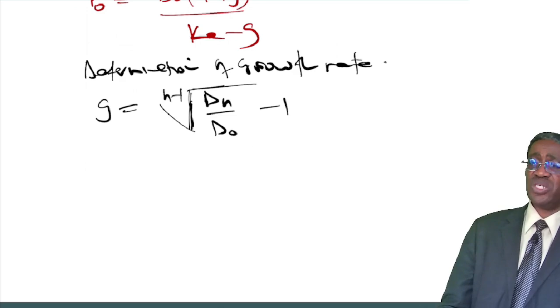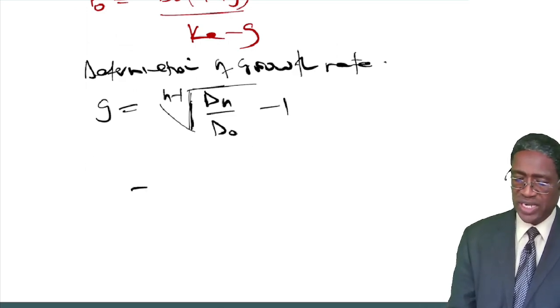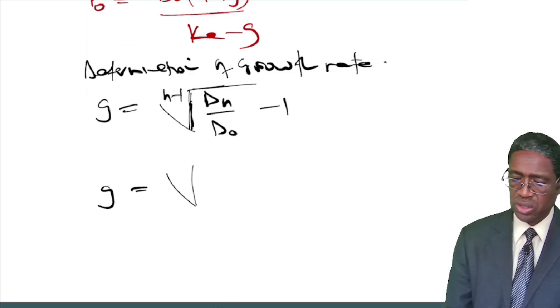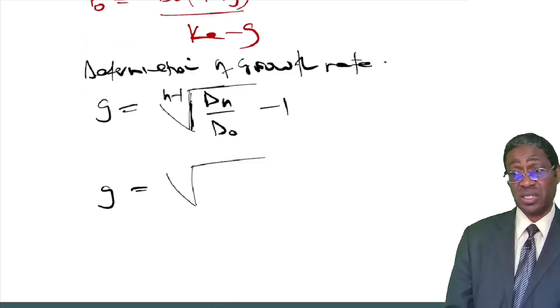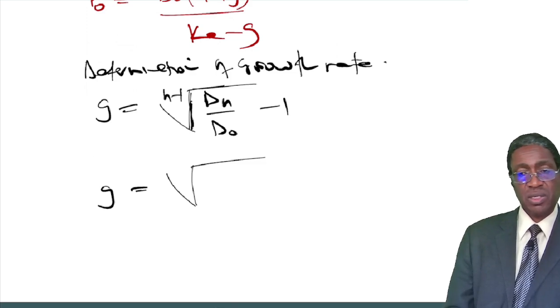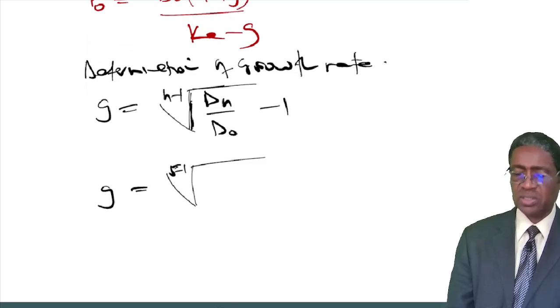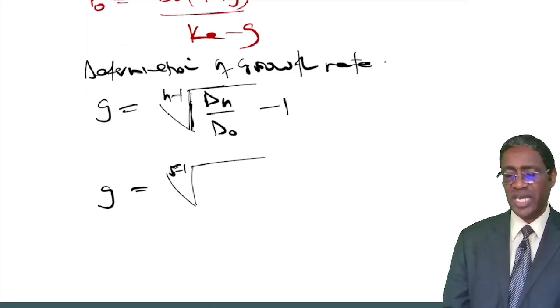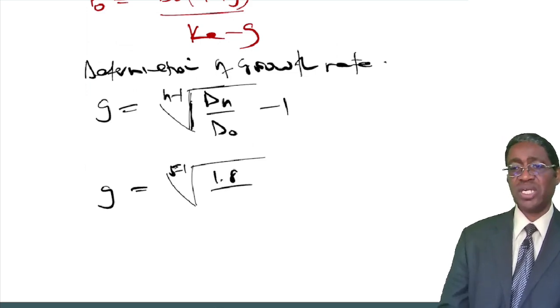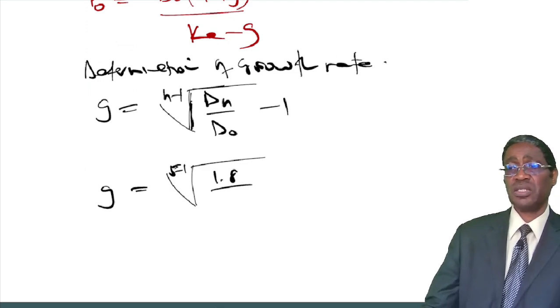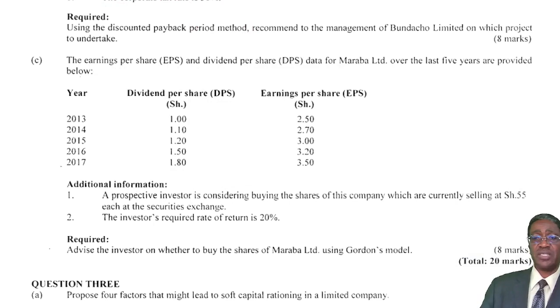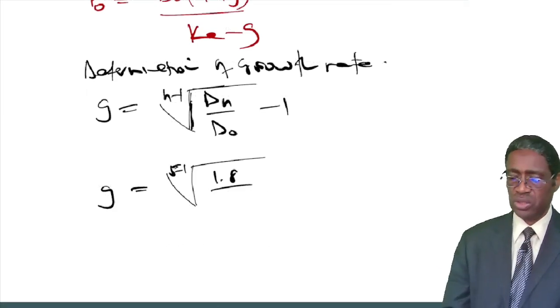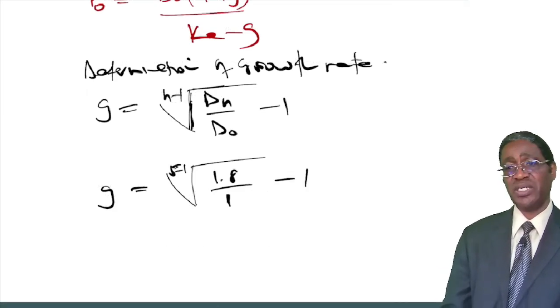Our Dn is the current, latest dividend. So G equals the root of n minus 1, where there were 5 years, so 5 minus 1. Our Dn was 1.8, the last one. Let me pick the first dividend, D0, down there in the dividend column. The first dividend was 1.